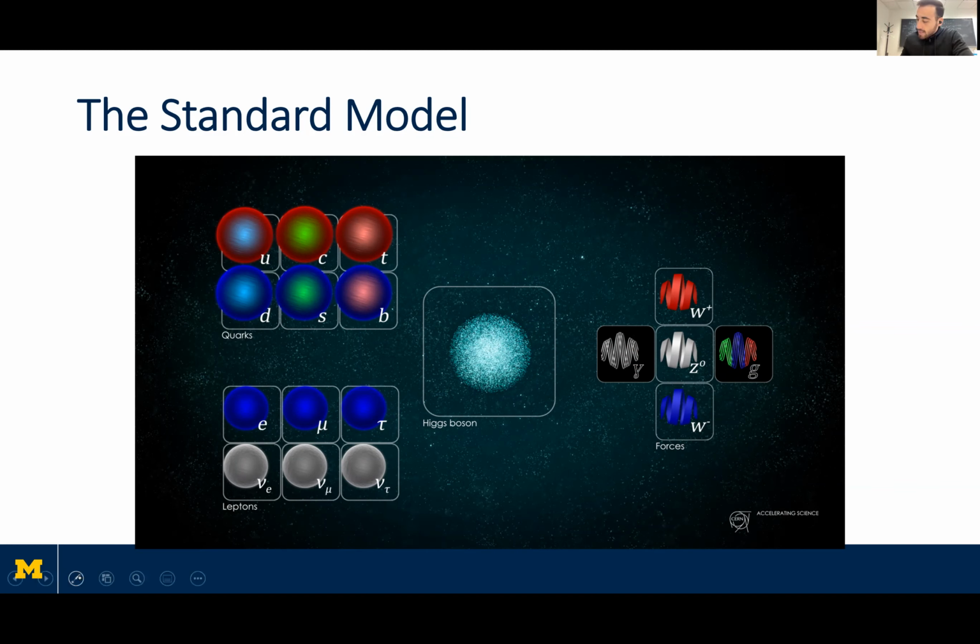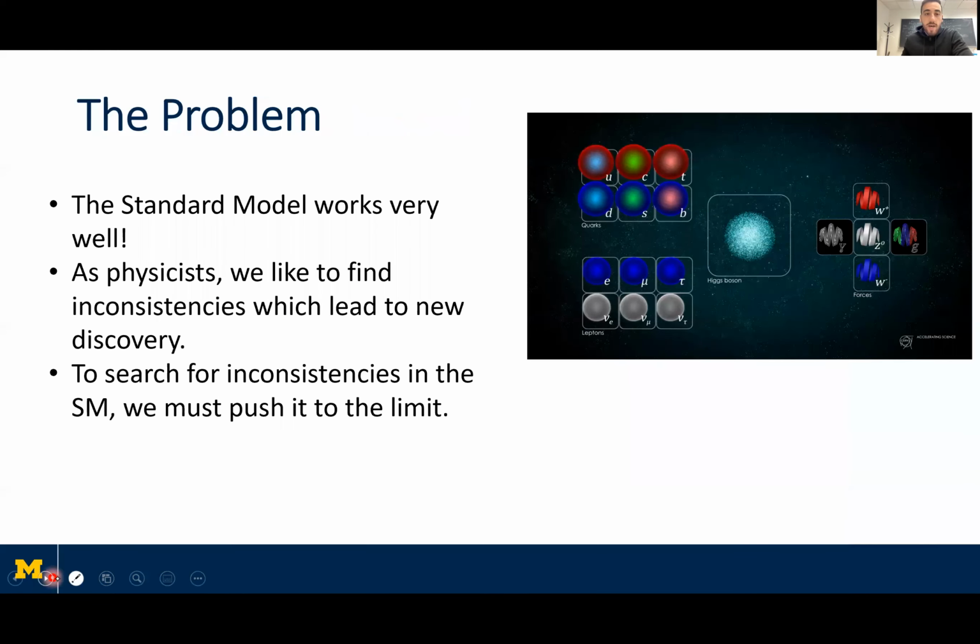So this standard model is fantastic. It is so good, in fact, that it's sort of a problem in that it's very good. So the standard model has been tested ever since the Higgs boson at the LHC and other experiments. And every time it seems to get it right. It's hard to break the standard model.